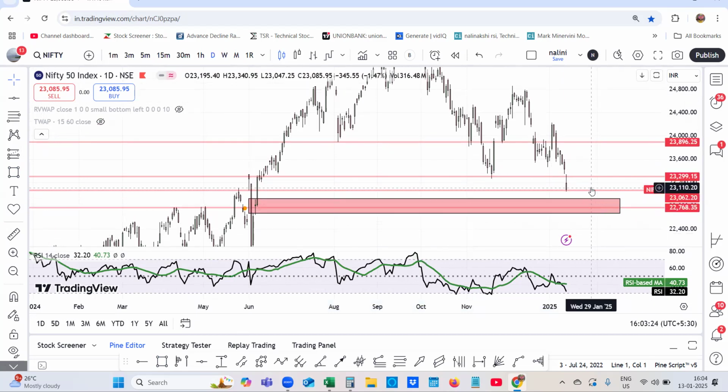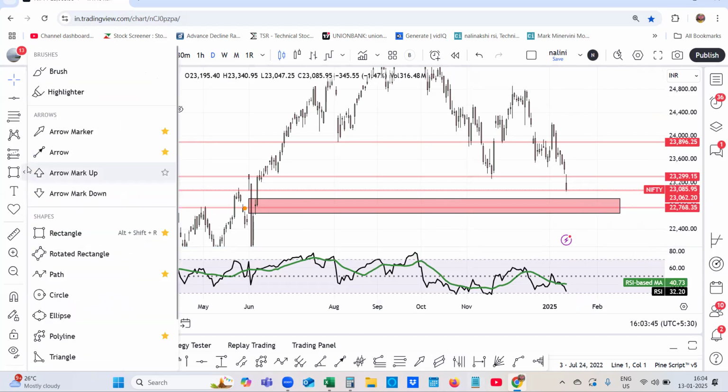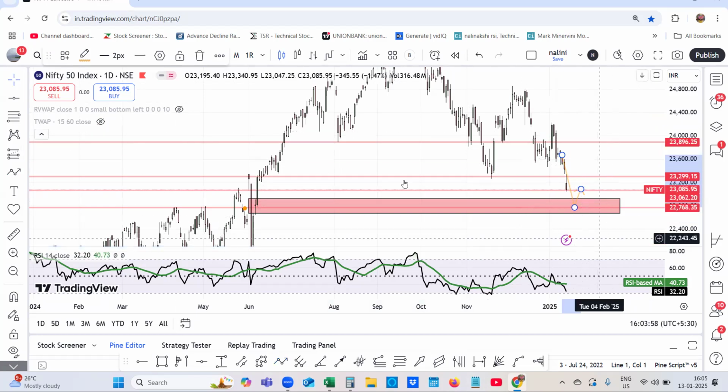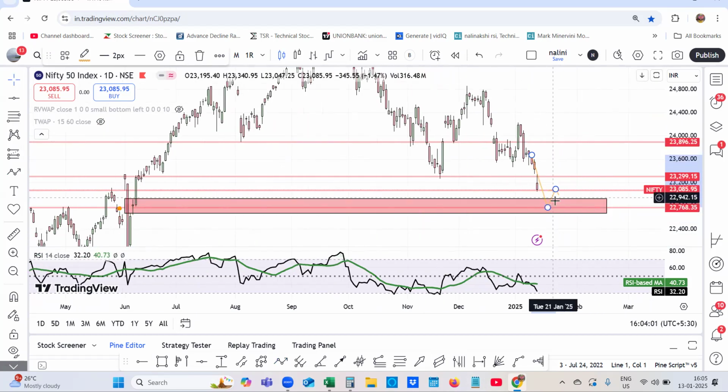There is an order block over here. Market, if it enters into the order block, that is between 22,924, or if it goes below that, 22,800 or something, if it closes, let me take the tool, this tool, if it comes down and if it closes outside this order block, then you can anticipate a reversal in the market.